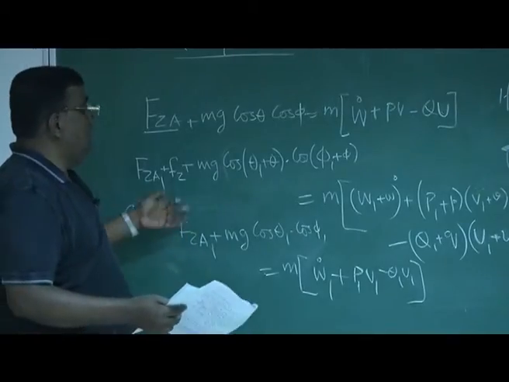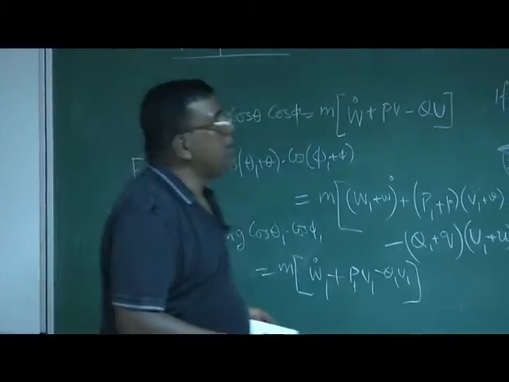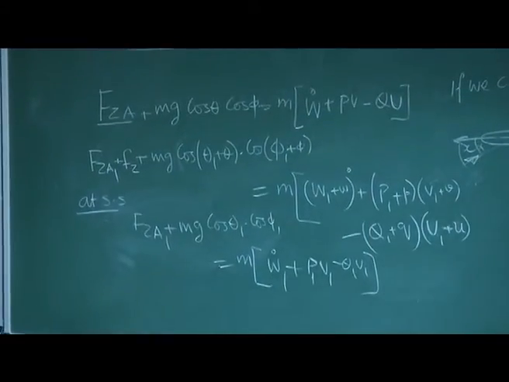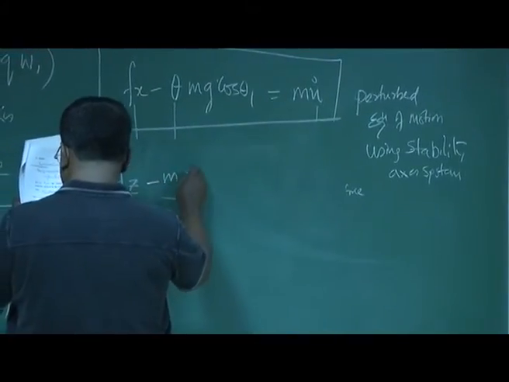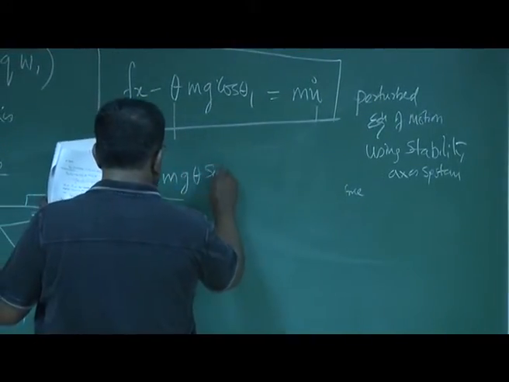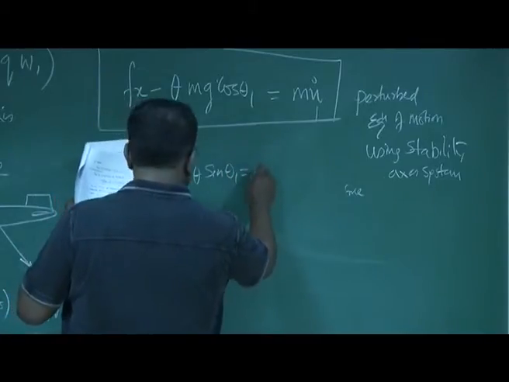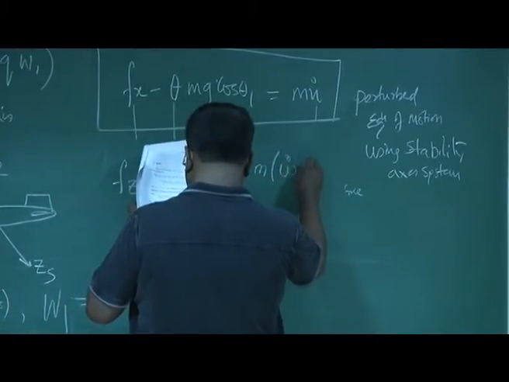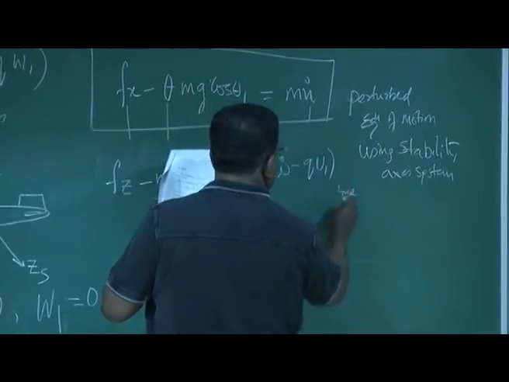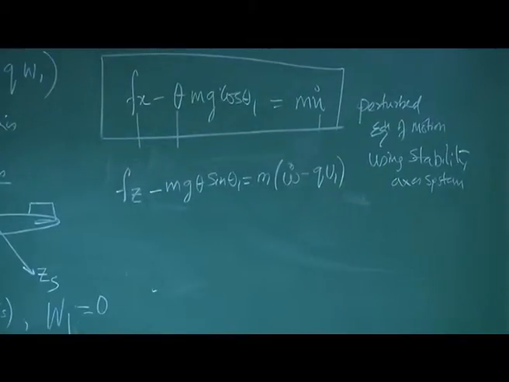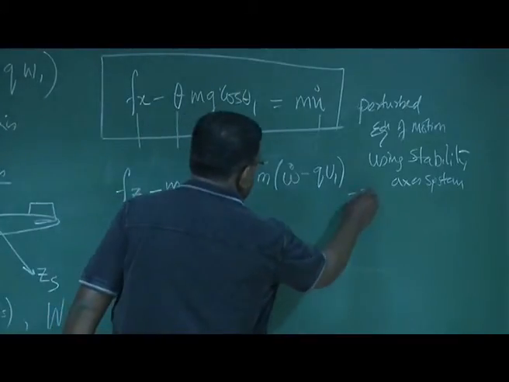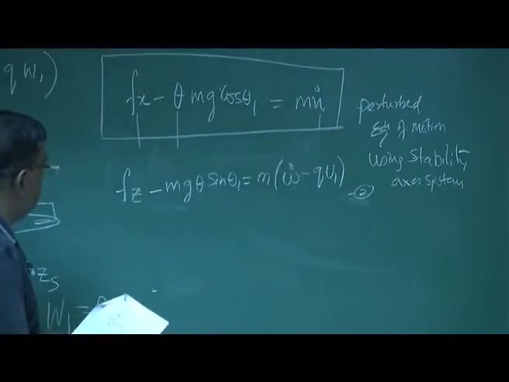If you do this in a similar mechanical way, you get the second relation: F_z minus mg theta sine theta 1 equal to m (w dot minus q u1). This is your second equation, and try to understand what it means.